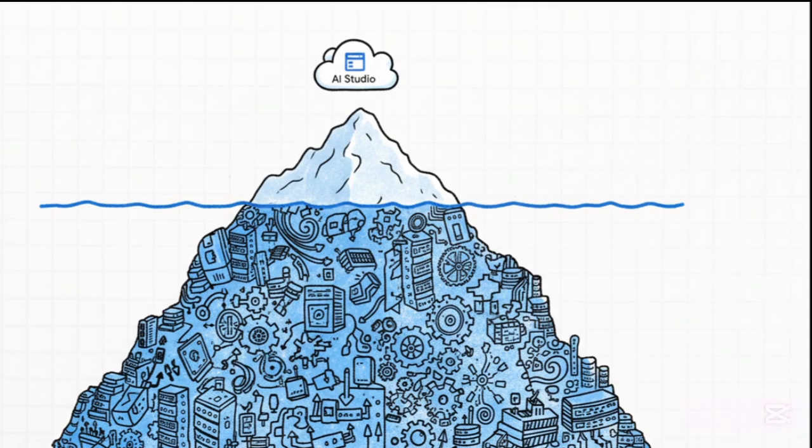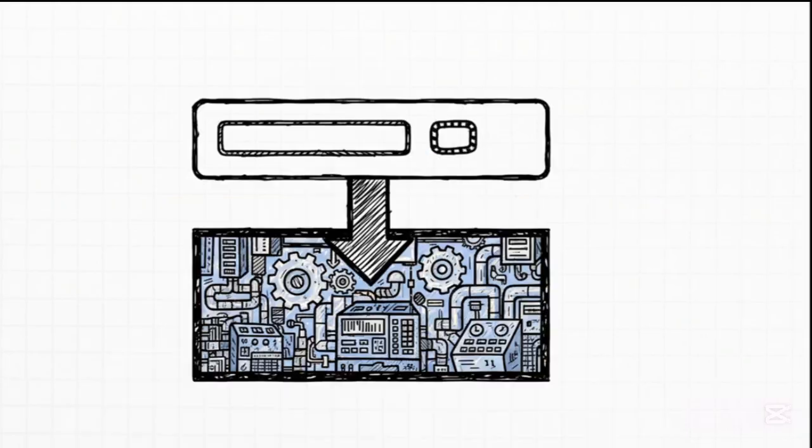It's really just the beautiful, user-friendly tip of a very, very large and powerful iceberg. Because this is how it's actually structured. Every single thing you do in AI Studio, every prompt you write, every API key you generate, it's all actually happening inside of a Google Cloud project. Think of AI Studio as the nice, shiny dashboard, but the Google Cloud project, that's the engine room.